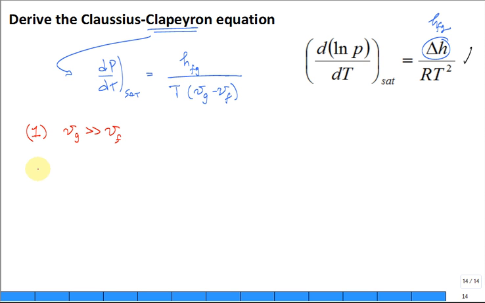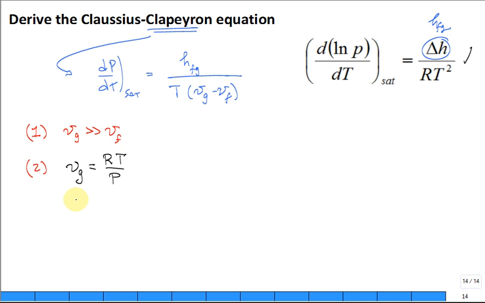The second one, which you have to check: at low pressures and relatively high temperatures, not close to the critical point, it's often a good approximation that V_G is equal to RT over P.